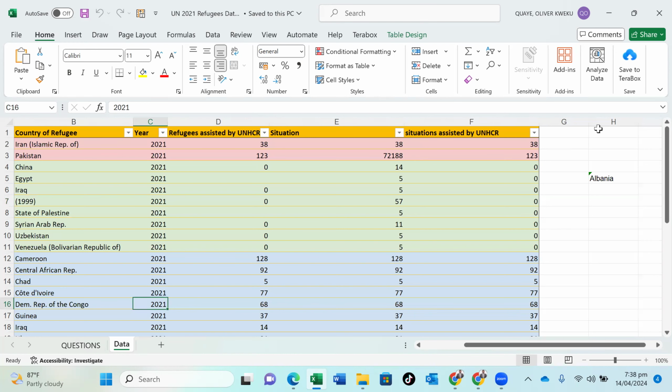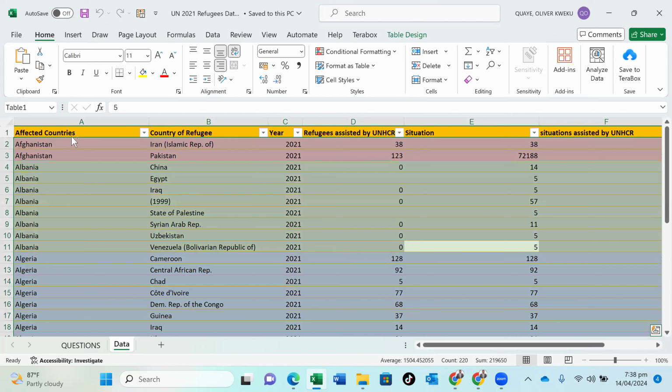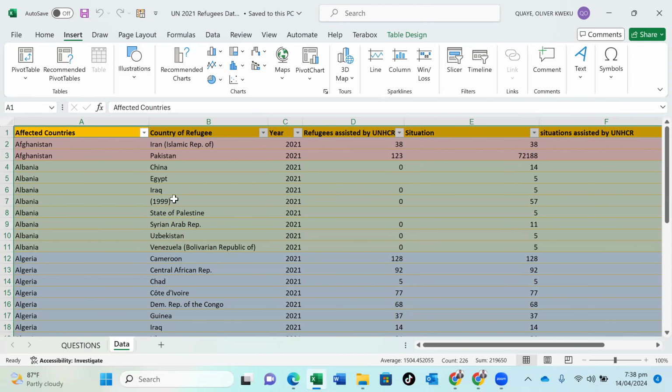So usually, the data will be given in a format like this, or most often it wouldn't be in a nice table as you see. It will just be in a rough table, rough rows and columns.